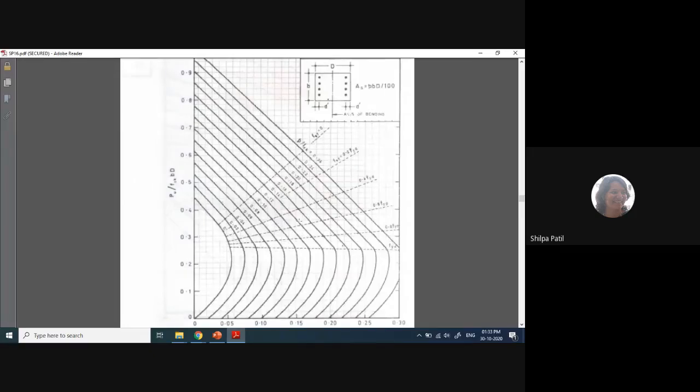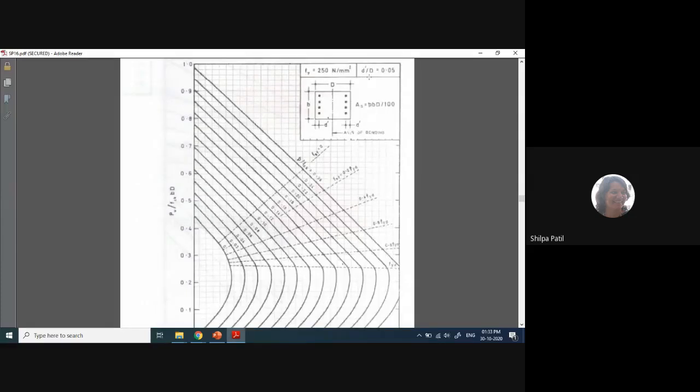So if you know the percentage of steel given in the column and the d dash by d ratio, you can easily find out the resisting axial load, Pu, and the moment resisted by the column by making use of these curves.